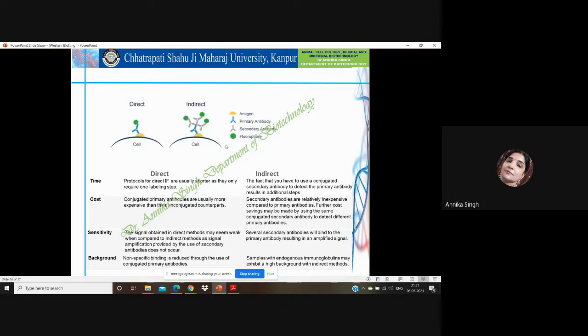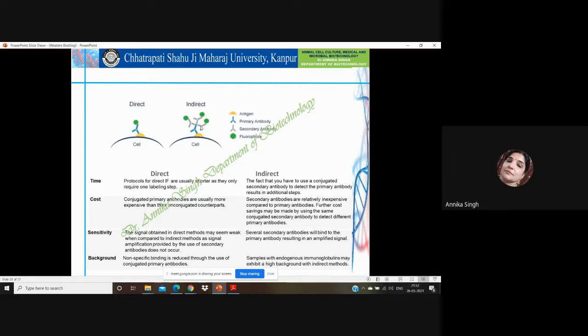So if we compare the difference between direct and indirect immunofluorescence assay, because in direct immunofluorescence assay only one single antibody is used, it requires only one labeling step, while indirect immunofluorescence assay requires an additional step in which the secondary antibody is added to the sample.